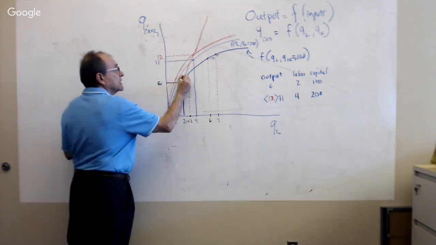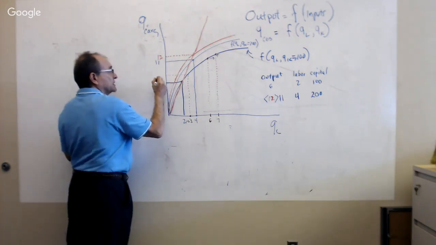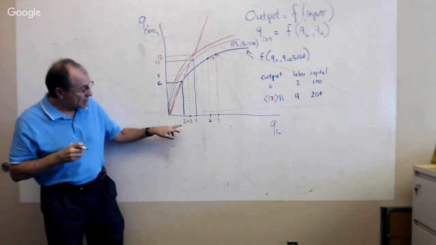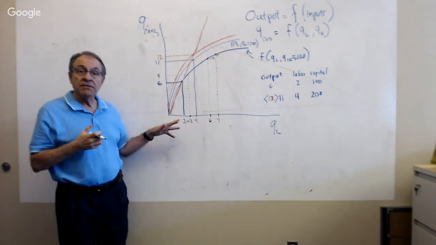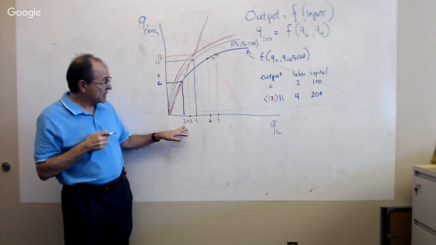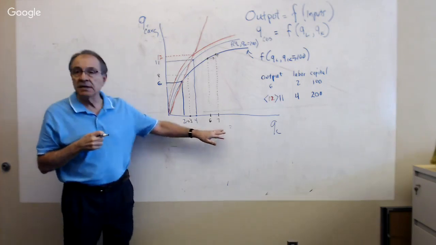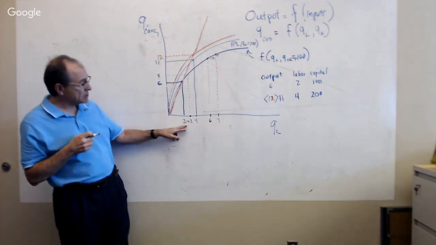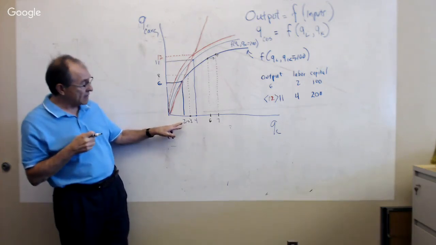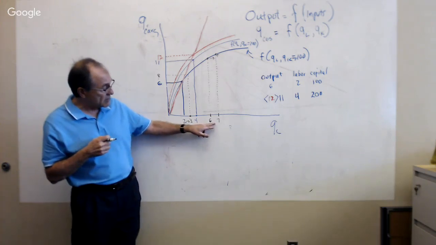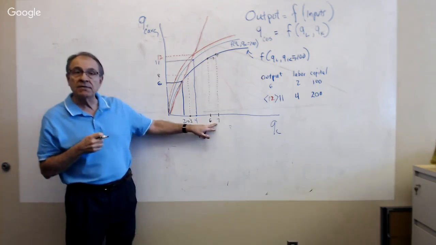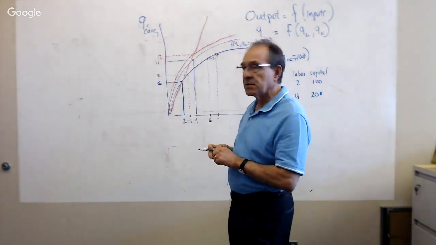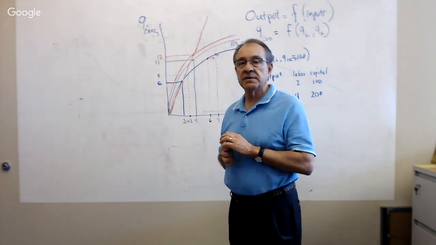I move up to about, let's say, 8. So the marginal product of a worker when I don't have very many workers is higher than where I have relatively more workers. Here the marginal product of adding 1 more worker is 2 cars, whereas there it was only 1/2. I think we refer to that as the law of diminishing marginal product.